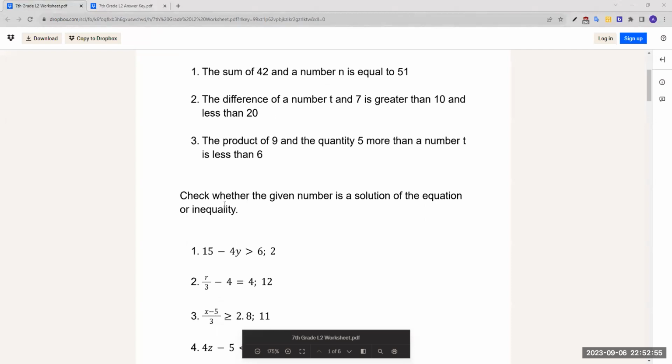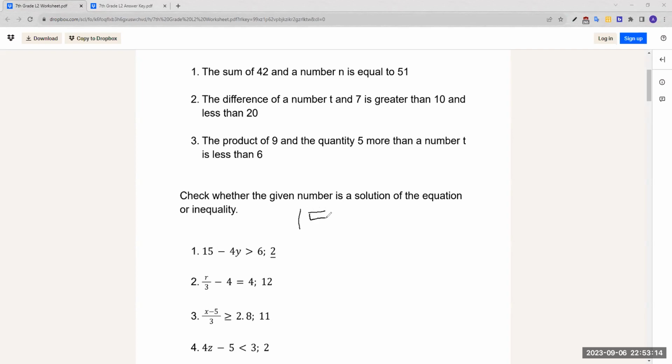Okay, now moving on. Check whether the given number is a solution of the equation or inequality. Number 1, 15 minus 4y is greater than 6, and we have 2 right here. So we just plug 2 in for our variable y.